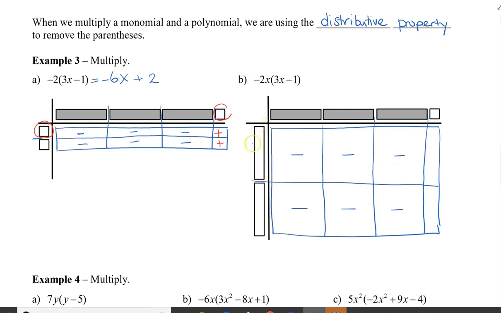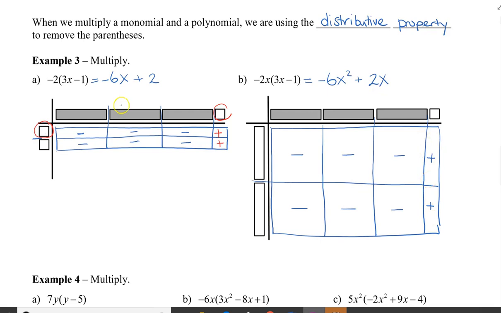And then we have a negative x tile times a negative 1, which means that this long stick here at the end are both positive. So now we have negative 6 x squareds, and then we also have 2 positive x's at the end, because we have 2 positive x sticks.